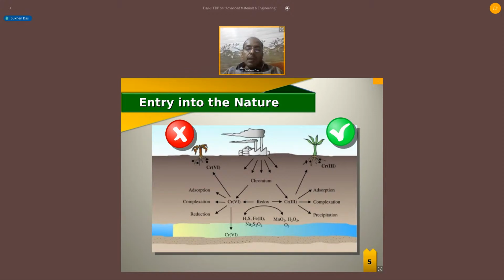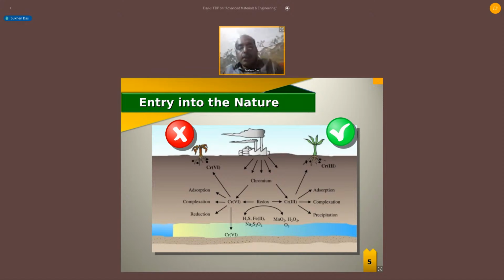When he started to work, he found that when the waste material of the tannery was stored on the ground, the chromium 6 was leaching into the soil, and this chromium 6 is very, very dangerous for our health.